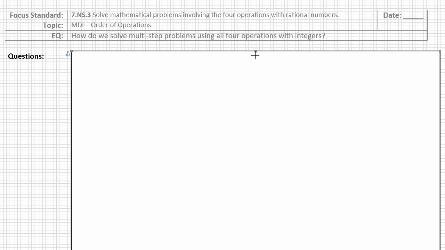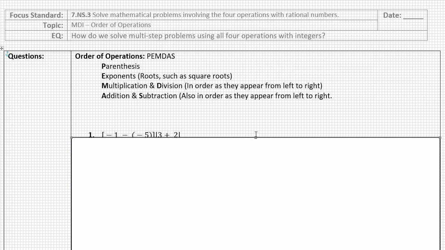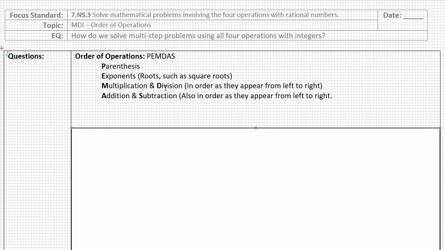So today we are talking about order of operations. This is something that we've talked about and done throughout the school year, and now that we've learned all 4 operations with integers, it's a good time to increase our level of difficulty in these types of problems.